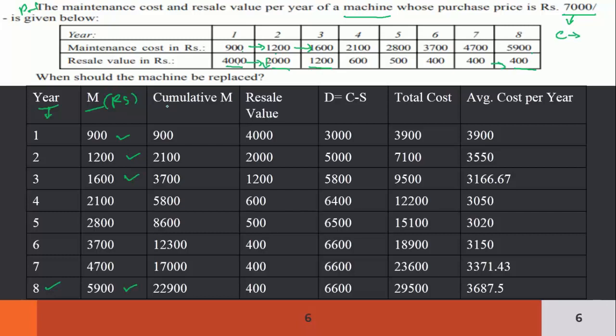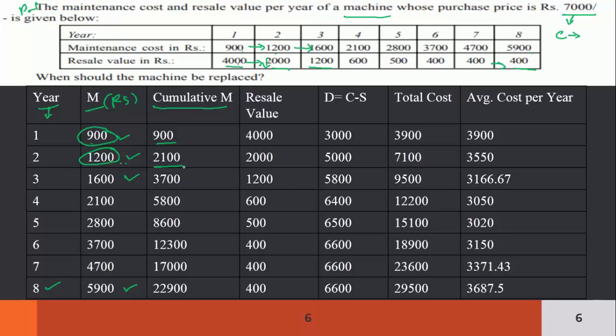After that we have to calculate the cumulative maintenance, that is M. So how to calculate the cumulative maintenance? For the first year the cumulative maintenance is 900 only, but when we go to the second year, there is the maintenance cost of the second year, and we also have the money already spent in the first year maintenance, which is also counted in the second year.